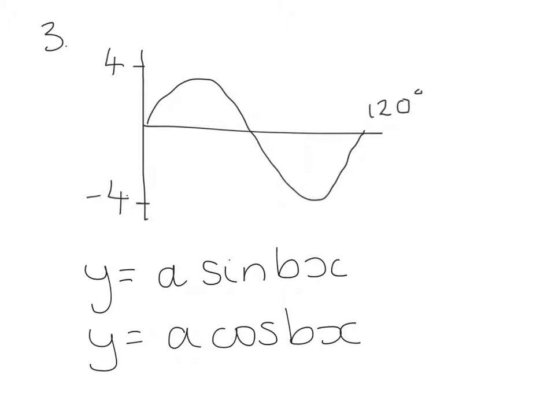Normally with your sine graph you would have one full cycle and it would end at 360. So if it's now ending at 120, how many times can we repeat that between 0 and 360? How many times will it be repeated?